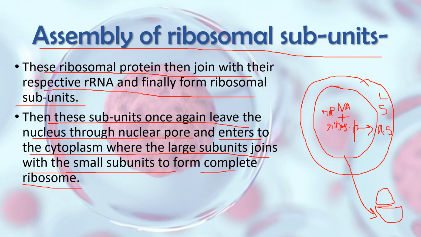So the formation of ribosomes takes place outside the nucleolus, in the cytoplasm, where the small subunit, 40S, attaches with the large subunit. In our case, the small subunit is 40S, whereas the large subunit is 60S.